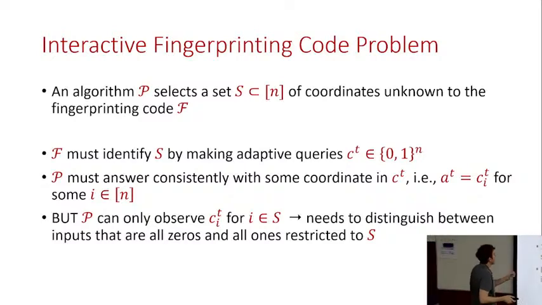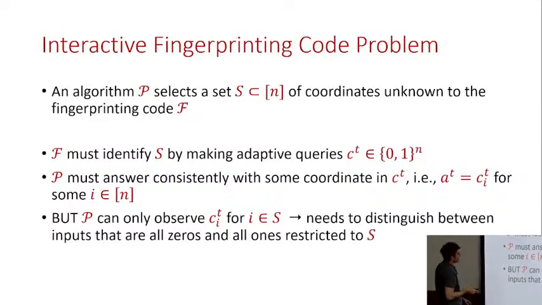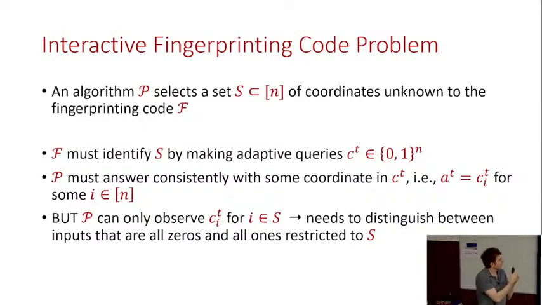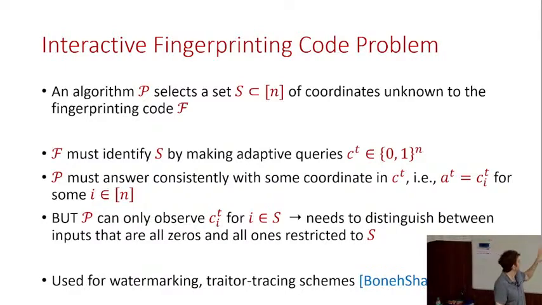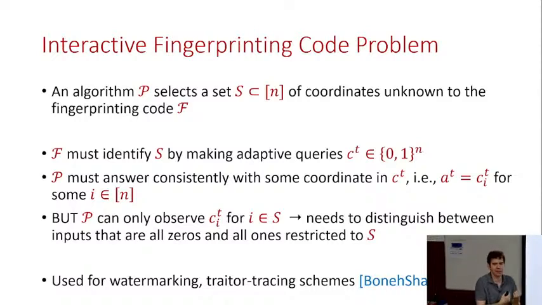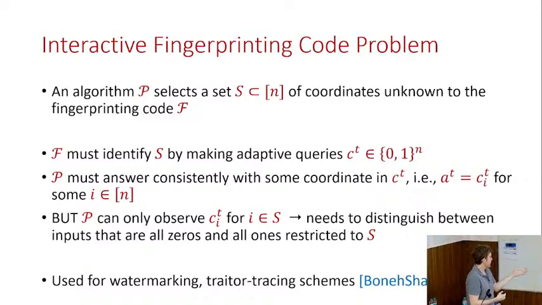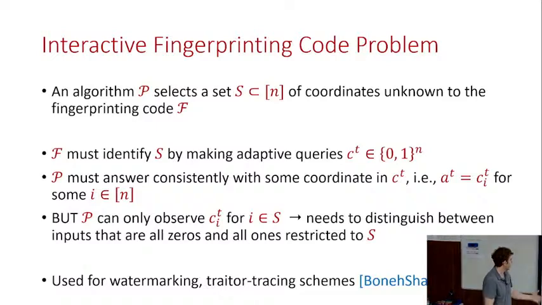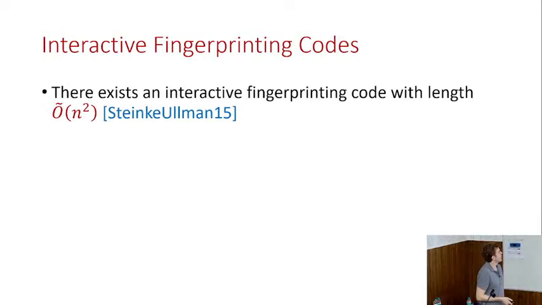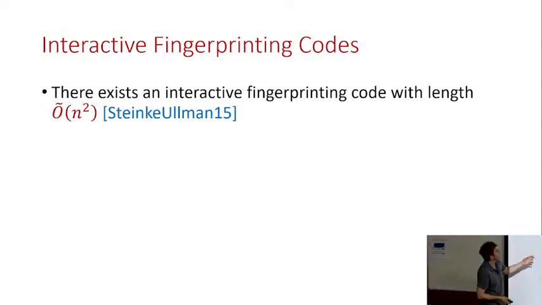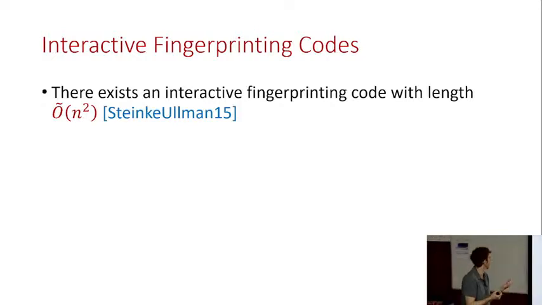You might think that this is a very weak requirement, but even with this weak requirement, you can show that there's an interactive code with a small number of queries that actually learns this set S. And this is useful in other cryptographic applications, watermarking, traitor tracing schemes, and so on. See work of Boneh and Shaw. The result we use is of Steinke and Ullman, which says there's an interactive fingerprinting code with order n squared queries, which actually breaks the algorithm.